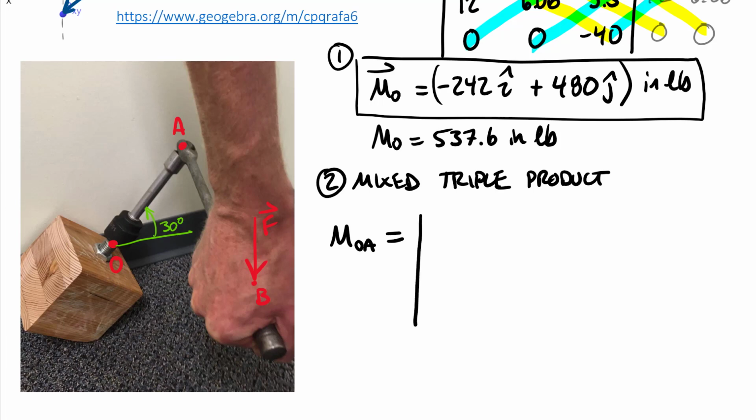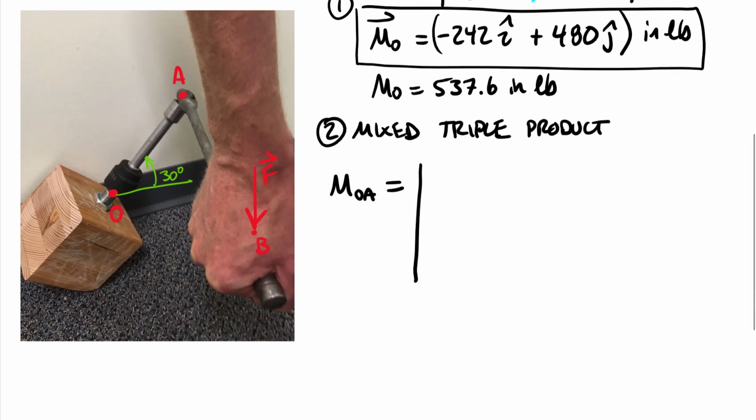Once again, it's a determinant. Now in the top row, I need to have the unit vector of line OA. And so let me go ahead and write this down below. So R_OA as a full vector is equal to, now this position vector R_OA is going to have the same y component and z component of our position vector R_OB, but it'll have a 0 in the x because it's not coming out in the x direction at all.